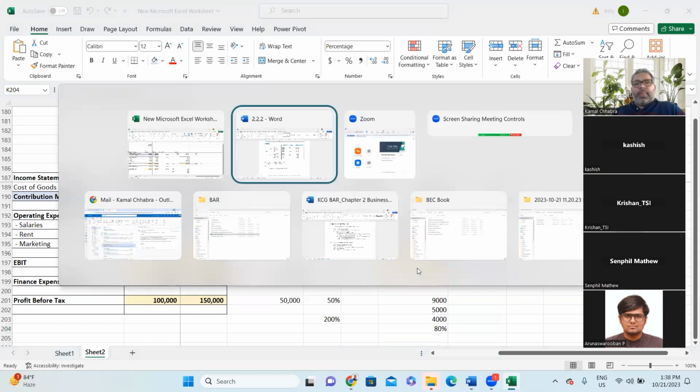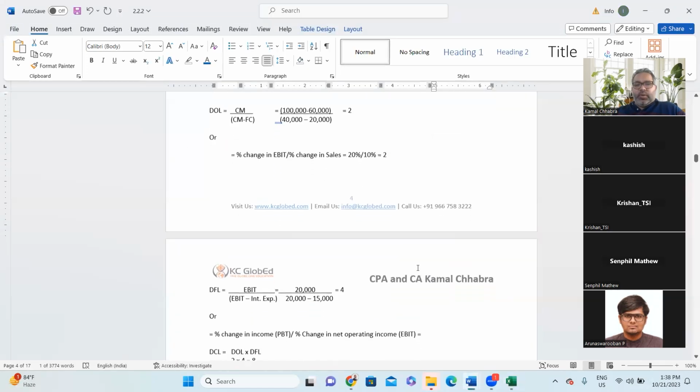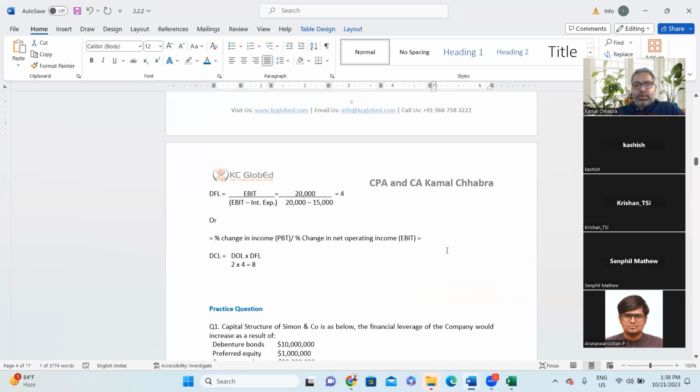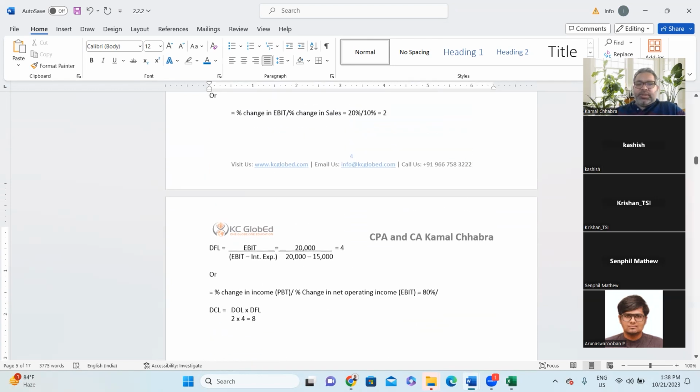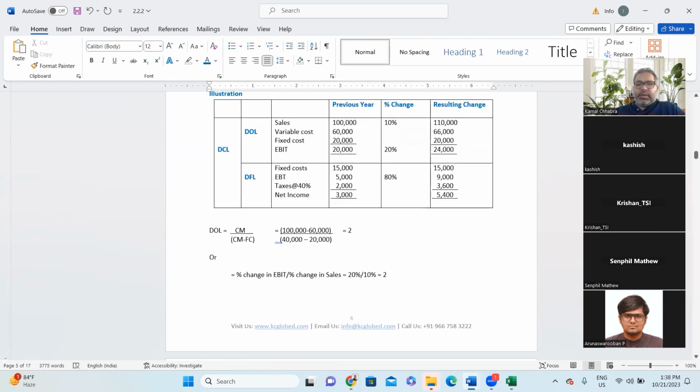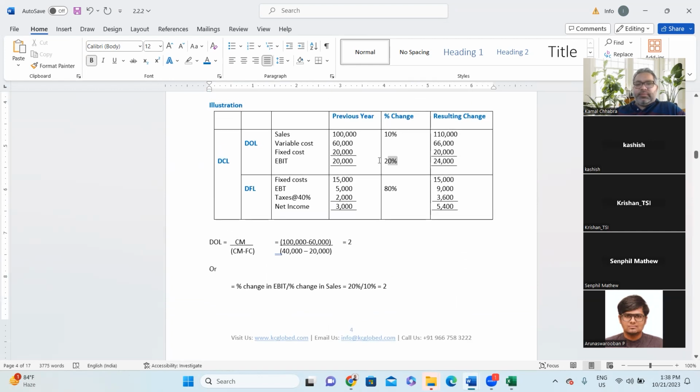So same thing we'll do here. What is the percentage change in PBT? 80%, divided by the change in earning before interest and tax, 20%, right?